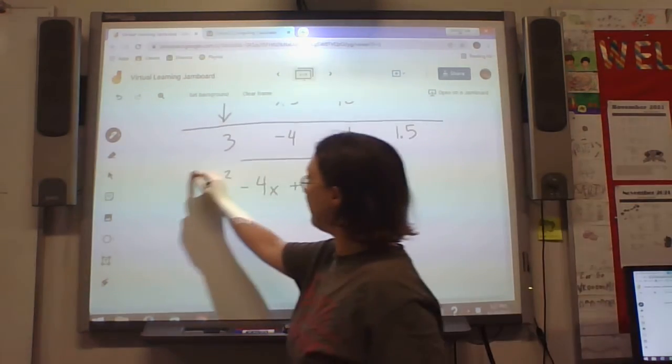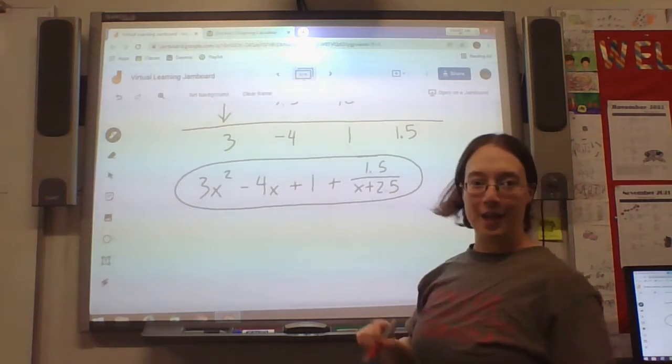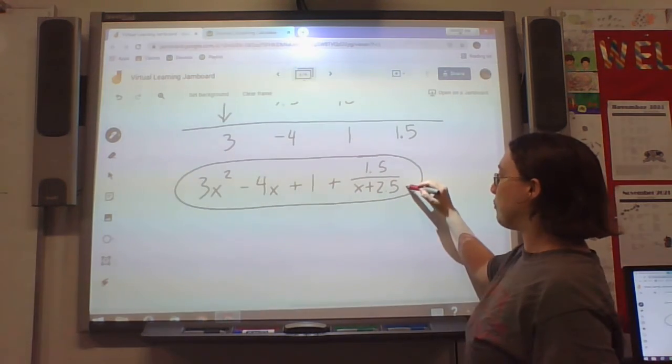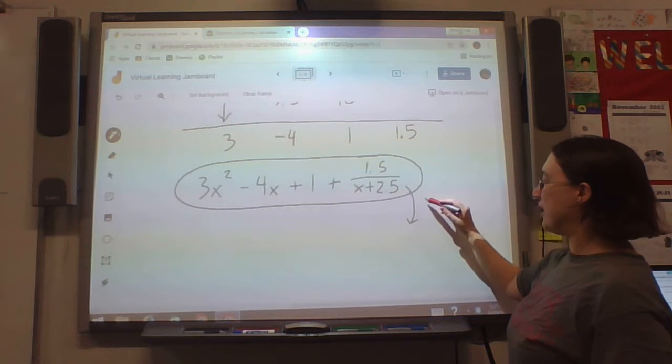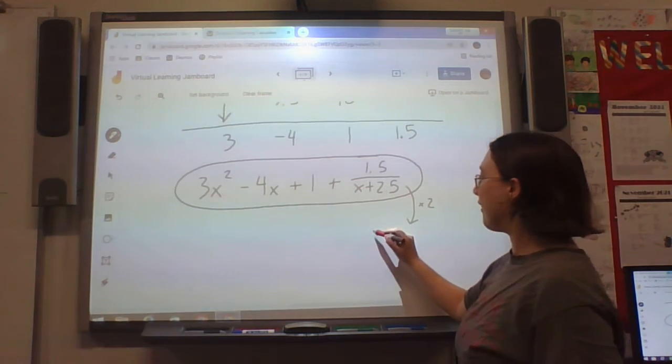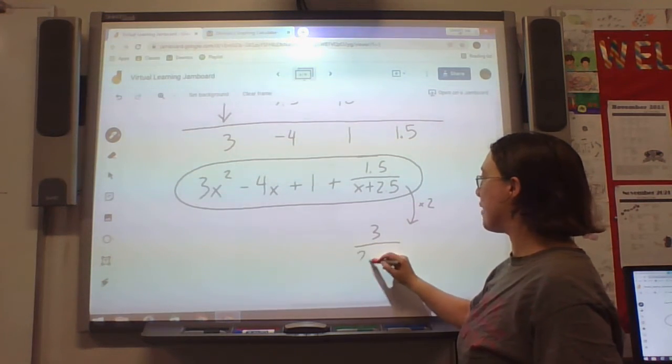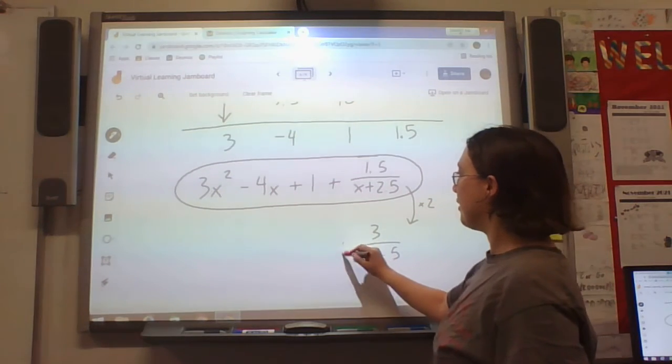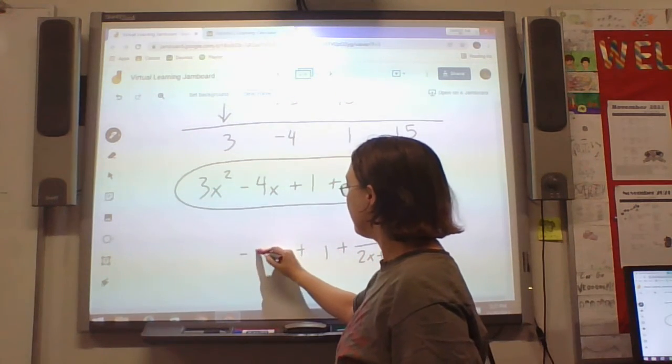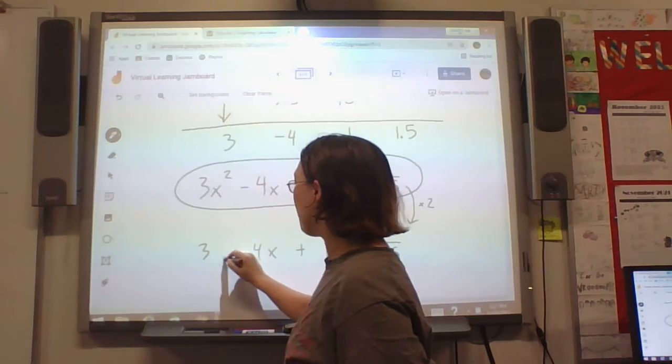So it's okay if you left it like this. I'm not going to be picky about that, but technically if we don't want any decimals inside of our fractions, we can go and take that part times 2, and that'll get you back to a 3 over a 2x plus 5. So either this or this.